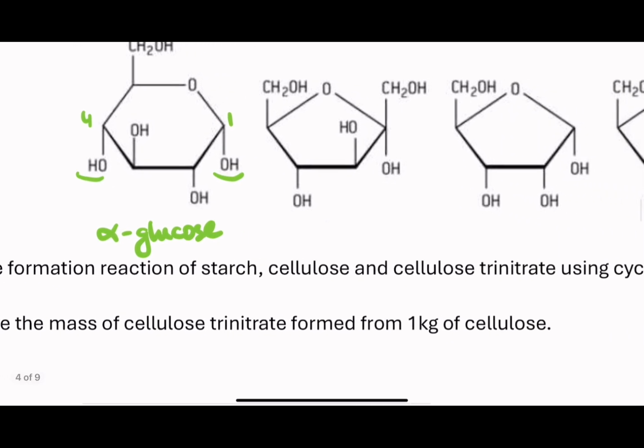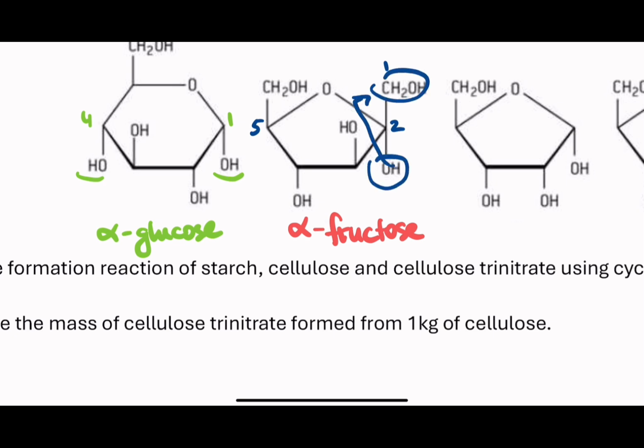Now, the one we have in here is alpha fructose. And again, if you want to change it to beta, this is the first carbon, this is the second, and third, this is the 5th carbon. All you need to do is change this position to the bottom, and OH up. Okay, and this would be a beta fructose.